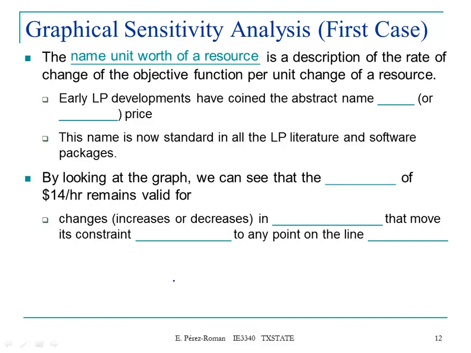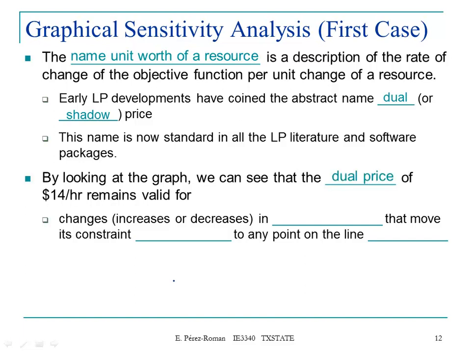Early LP developers coined the abstract name dual or shadow price, and those are the names that we're going to be using in class. So a dual price or shadow price is the unit worth of a resource. It basically is the rate of change of your objective function by adding or taking out a unit of resource from your problem. This name is now standard in all LP literature and software packages.